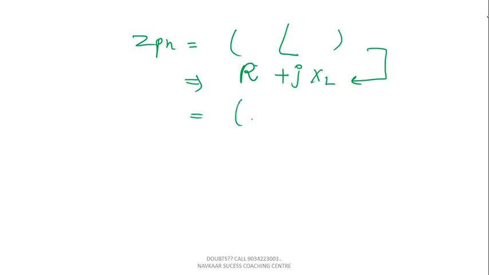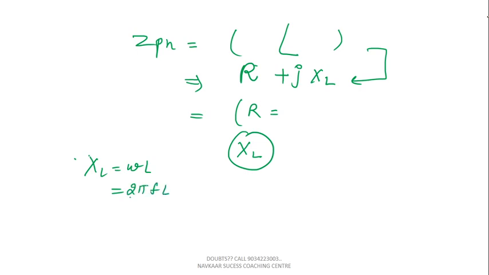Then you will get the value of R and the value of XL. If you have XL, you can calculate L by the formula XL is equal to omega L, omega is 2 pi F. 2 is given, pi is given, F is given, and XL is given. So from here you can calculate the value of L.